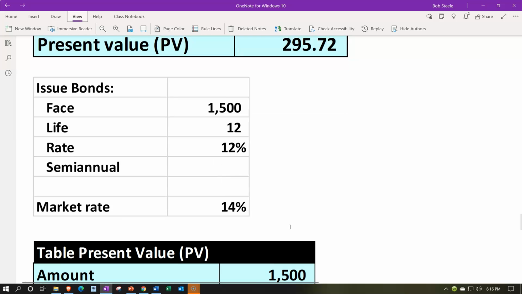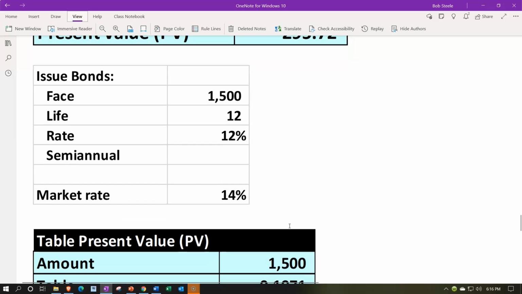And then we can also get to that number using the tables, being careful that we have, one, the proper table, that being the present value of 1, not an annuity, and two, the proper rate and period, which is no longer years and yearly rate, but now 6-month periods and 6-month rate. Periods then being 24, 12 times 2, rate being the market rate, 14 divided by 2, or 7%. 7% market rate per 6-month period, for 24 6-month periods.